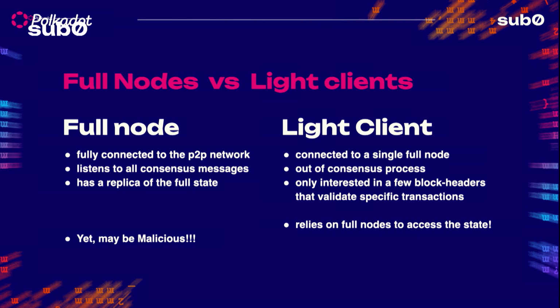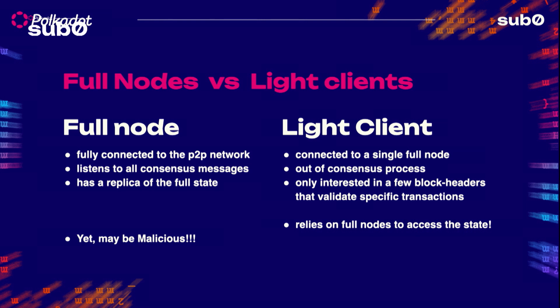But what are the main differences between them? A full node is fully connected to the peer-to-peer network. A light client, on the other hand, often connects to a single full node. A full node listens to all consensus messages passing in the network. A light client is completely out of consensus, so it doesn't listen to that.